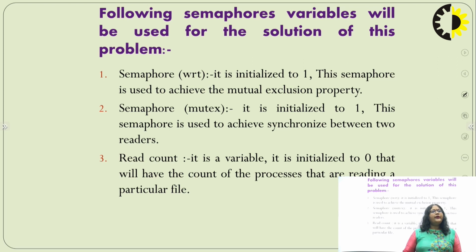This is also an important point. If two readers read the data but at different lines, that is also a problem, so we want to achieve synchronization at the same state. And what is the read count? It is a variable initialized to 0 that counts the processes that are reading a particular file. This is simple. It tells how many readers are reading at the same time.